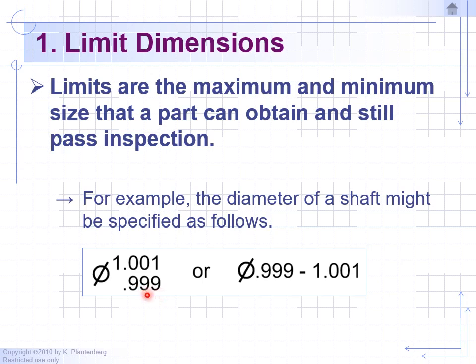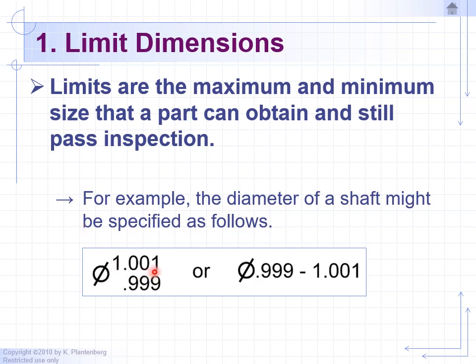If you take that shaft and it measures 0.998, then it falls out of our accepted tolerance and it'll have to be rejected. If we have a diameter of 1.002, which is more than our maximum allowed, then we have to reject it.